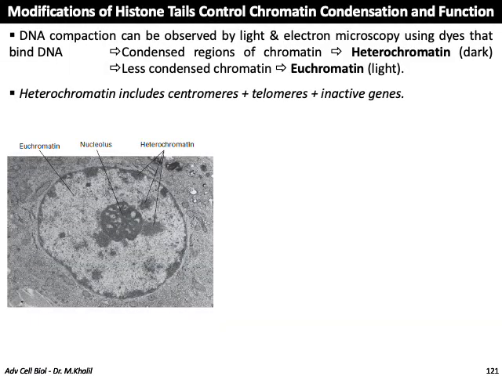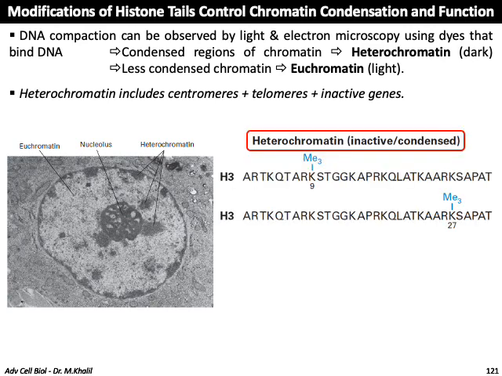DNA compaction can be observed by light and electron microscopy using dyes that bind DNA. The condensed region of chromatin is termed heterochromatin, the dark region in the figure, while the less condensed chromatin is the euchromatin, the light region. Heterochromatin includes the centromeres, telomeres, and inactive genes. Heterochromatin is the inactive, condensed form.